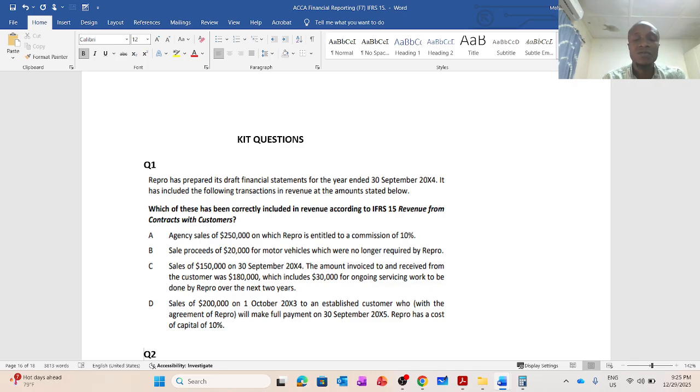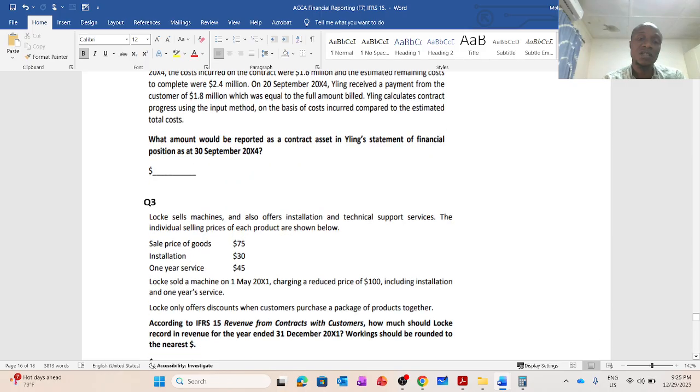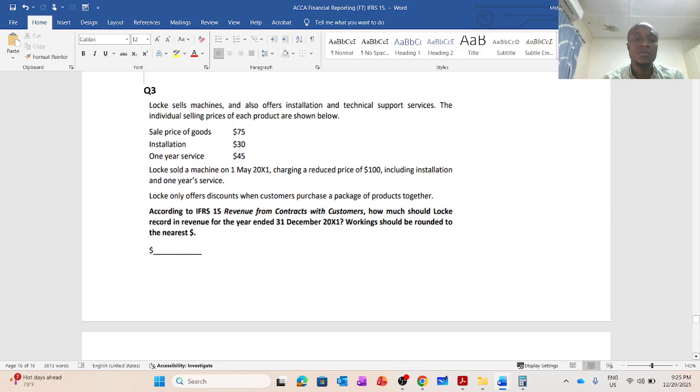The sales of, anyway, let's go to example 2. Which amount will be reported as a contract asset, as I mentioned earlier? The question stated contract assets. So for you to recognize the contract asset, you need to recognize revenue to date, and also you need to look at the cash that is received. If the revenue to date is greater than the cash, then we are going to recognize the contract asset. Alternatively, we are going to recognize the contract liability.